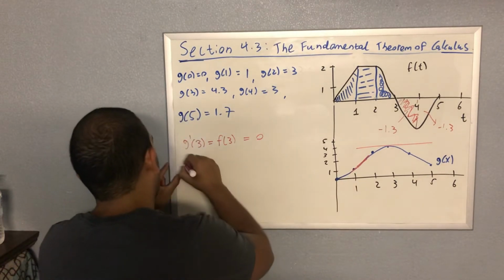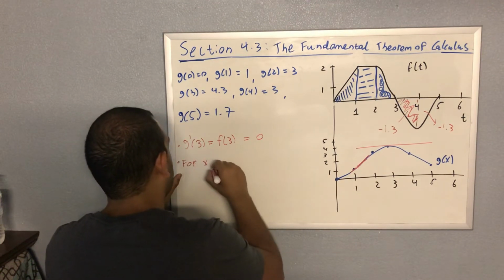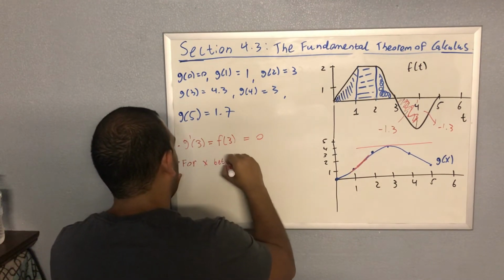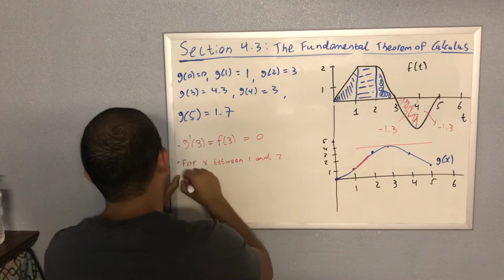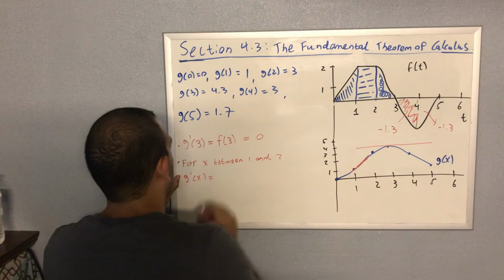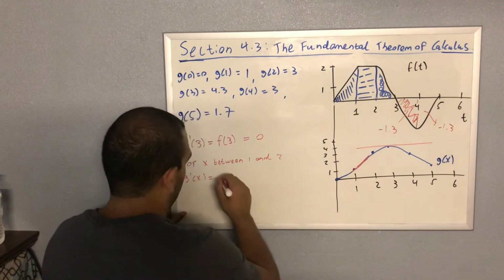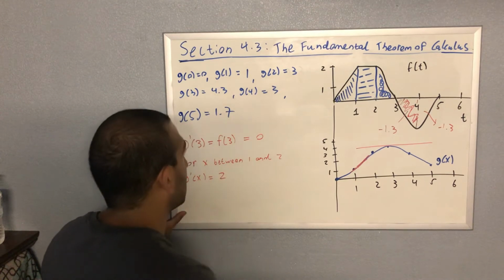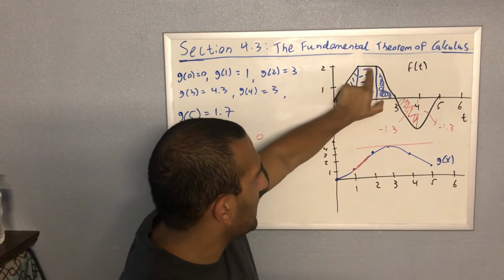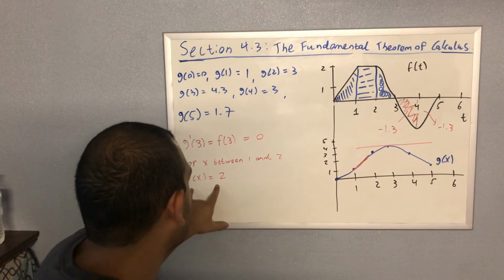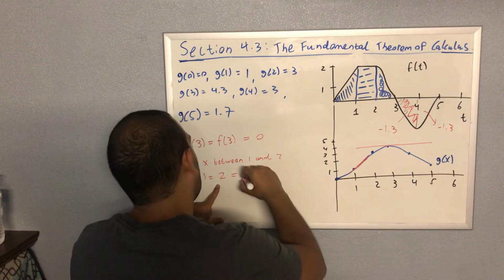So what that means is for x between 1 and 2, g prime of x is equal to, and actually the slope is, in an ideal world, it would work out to be 2. It's the same value as how high the function goes. So g prime of x is 2.